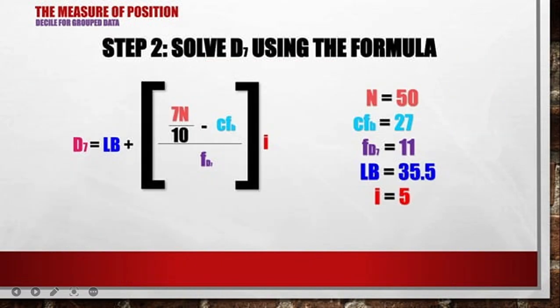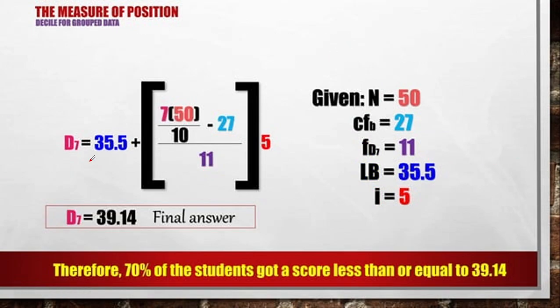Next. Okay, we will now solve D7 using the formula. The lower boundary kay mao man ni 35.5. 7 ang k, n nato kay 50, 27 ang cumulative frequency before the D7 class, and ang frequency nato is 11. So ato siya i-substitute. Una i-multiply nato 7 times 50 divided by 10. I-minus nato sa 27, ang answer i-divide by 11 and then i-multiply sa 5.